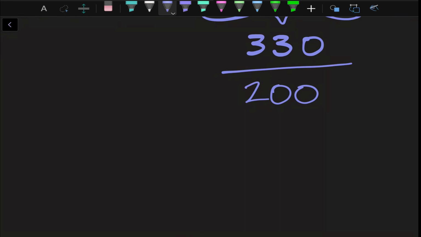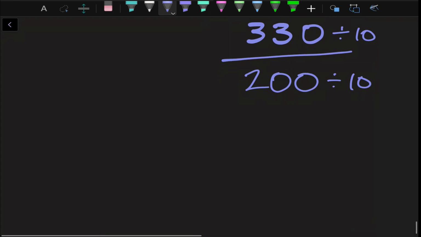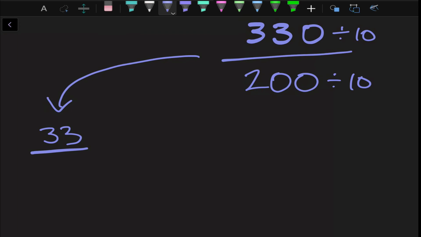So what I'm going to do first is I know that both of these can divide by 10. So I'm reducing before changing to a mixed number. So I'll actually end up with 33 over 20. And now I'm going to change it to a mixed number. 33 divided by 20 is 1 with a bunch of decimals. Again, decimals don't matter.